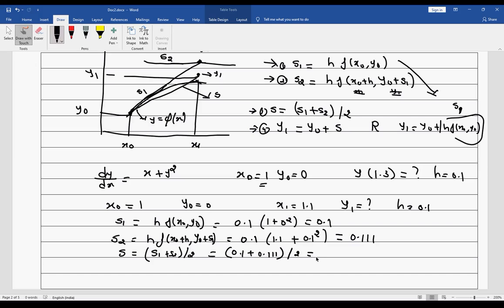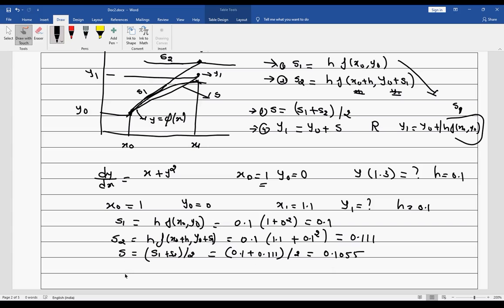Okay, so what is this value now? 0.1055.